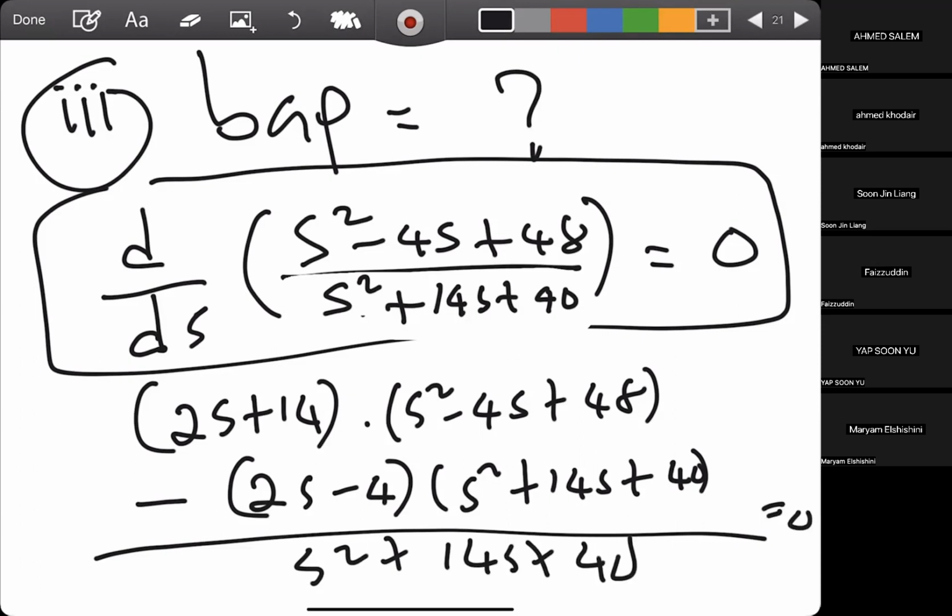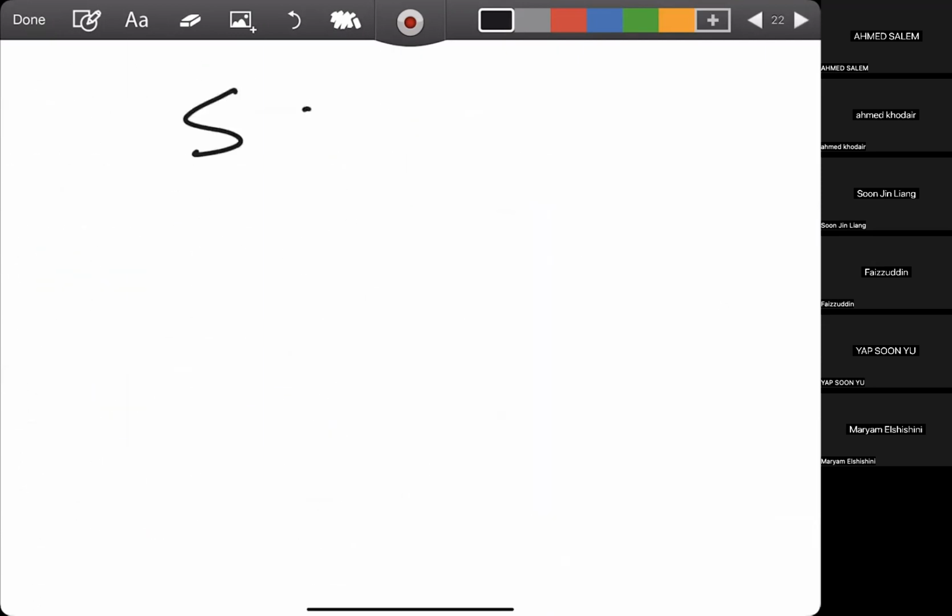So you simplify this, then you will get s equal to minus 6.05.